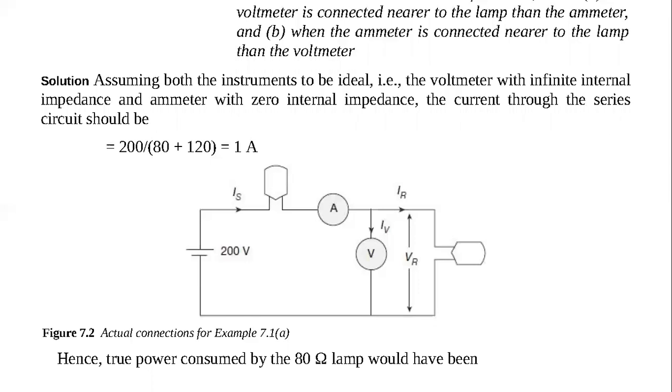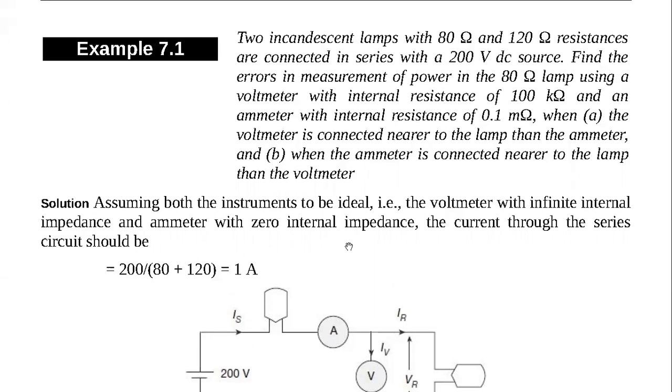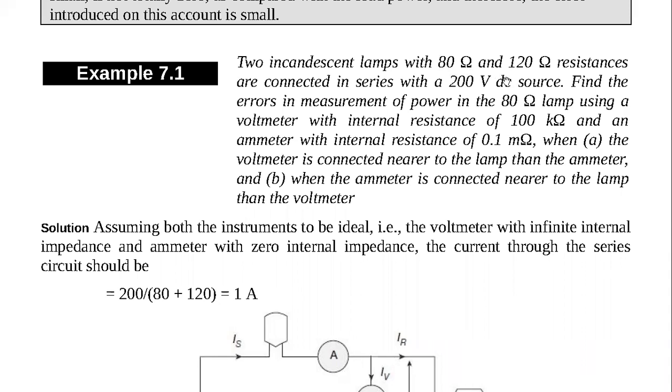So the total current flowing in this series connection will be 200 volts divided by the total resistance. We assume the impedances of the ammeter and the voltmeter are ideal, so they are connected in series, and the incandescent lamps are 80 and 120 ohms.